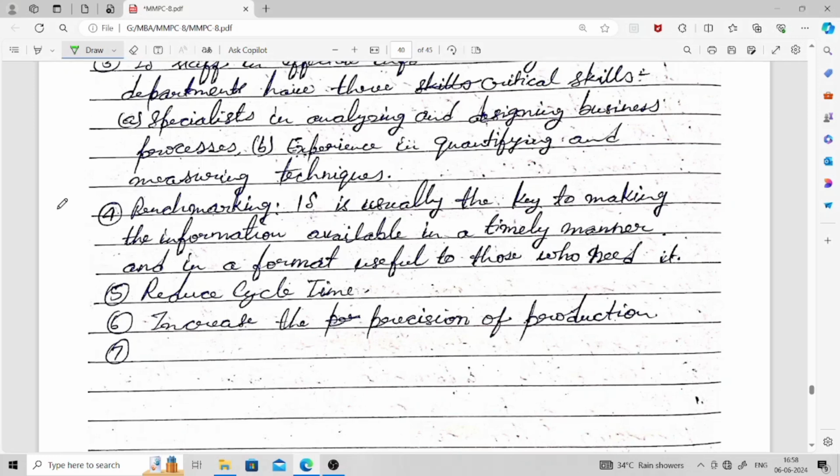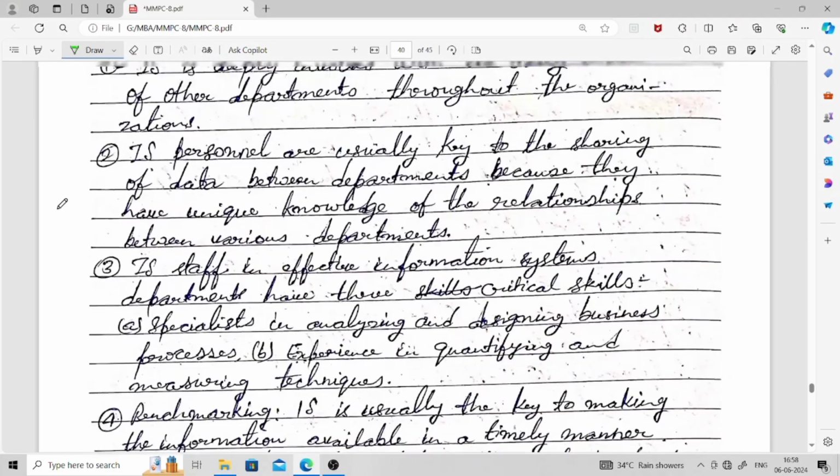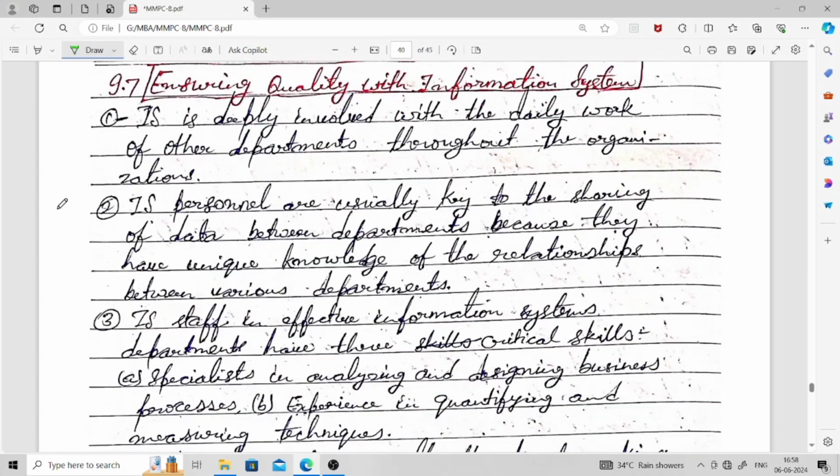Then reduce cycle time, meaning how much time is required from data to information. Then increase the precision of production, so the data to information process should be quite precise. By these ways we can ensure quality of the information system.